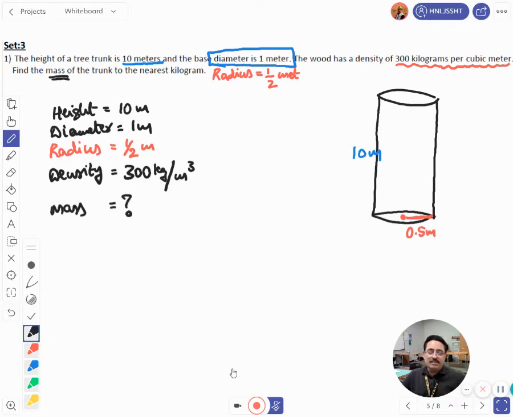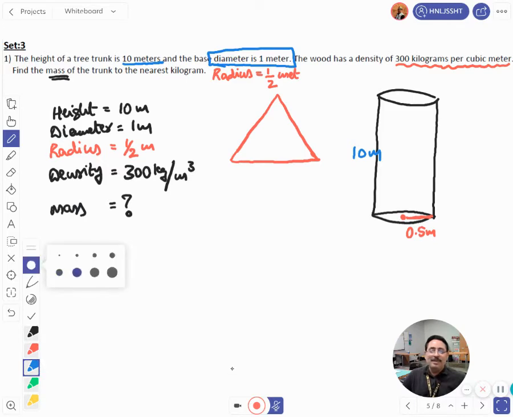In my previous session, I mentioned that you take a magic triangle. Simply you draw a triangle. Then take the English alphabet T. It's easy to remember. Then here you write the formula for the density of a material.